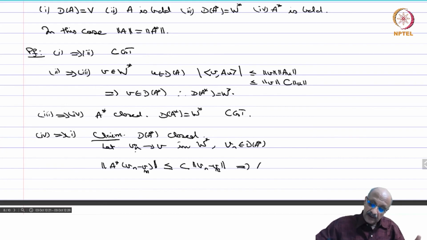So this implies that A star Vn is Cauchy.